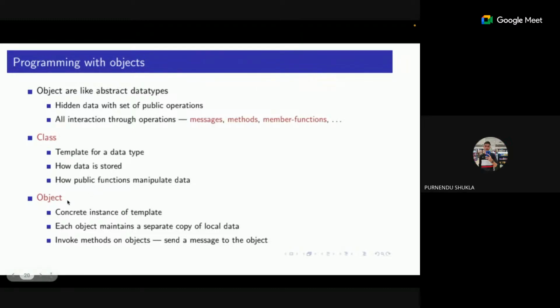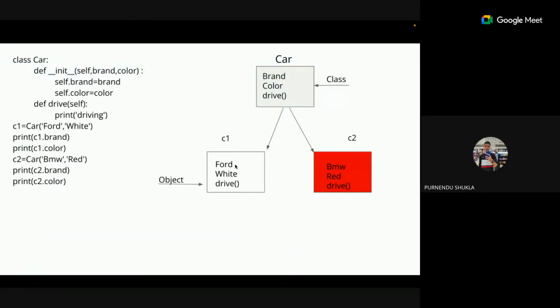Ma'am, those brand and color, are they properties of car? Yes, we generally call them properties. They can be called properties or attributes or instance variables. While coming to Java, we'll use the term instance variables for the variables inside a class. And these are methods.